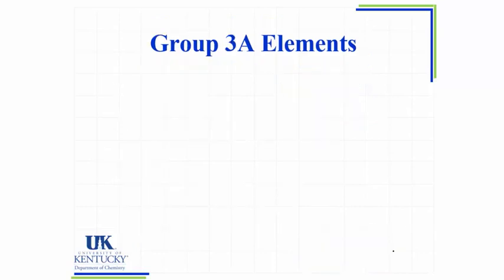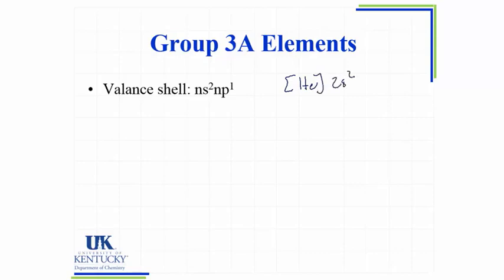Okay, let's move to the group 3A elements. Just look at the periodic table, and we could do aluminum, for example. All of these will have this basic electron configuration. So we have helium 2s2, I said aluminum, I should have said boron, 2s2 2p1. And so these tend to lose electrons.